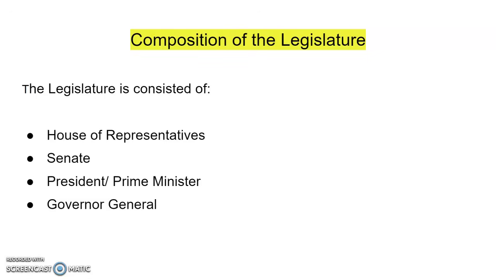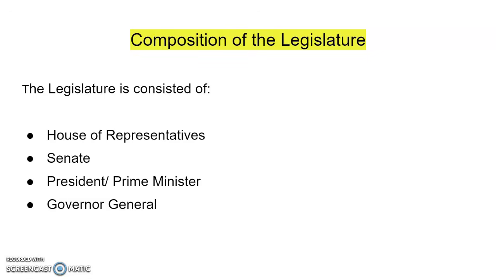Now, what is the composition of the legislature? In other words, what are some of the persons, individuals, organizations, and different committees that are a part of the legislative branch of government in a country? The legislature consists of the following individuals.